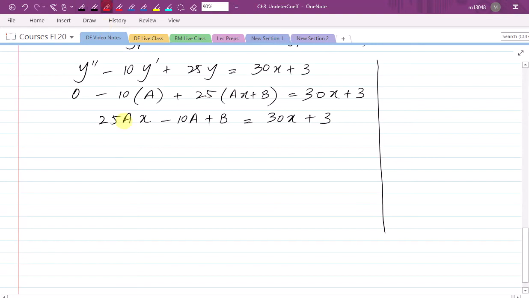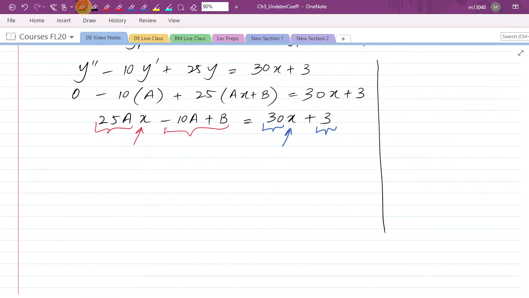We can see that this term has x, okay, and this is the coefficient of x. These two terms, they are constants. On this side again, we can see that this term is a coefficient of x. It has x in it. Okay, so this is coefficient of x, and this term is a constant.